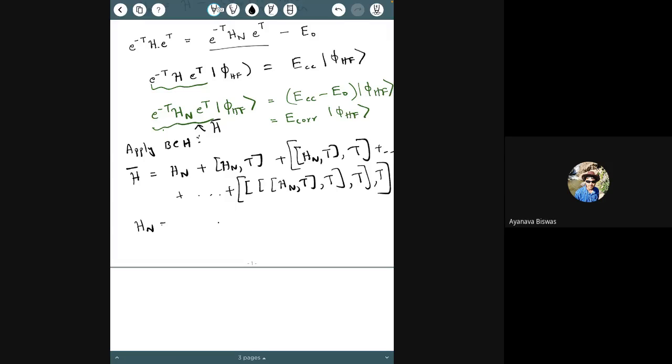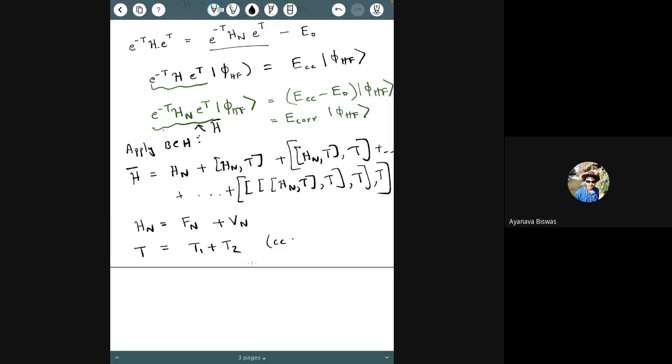So Hn also has a one body part which we can call Fn, and it has a two body part which we call Vn. Now, let's say I approximate T to T1 plus T2.